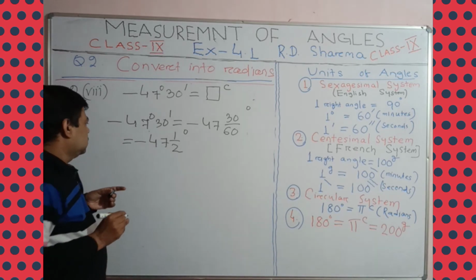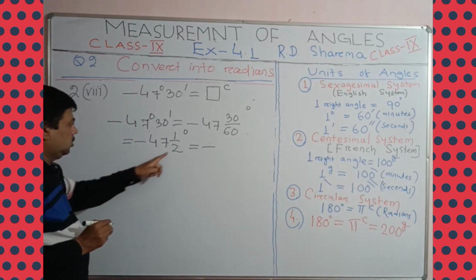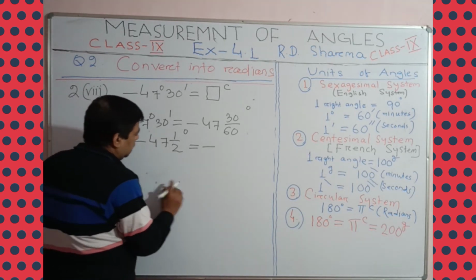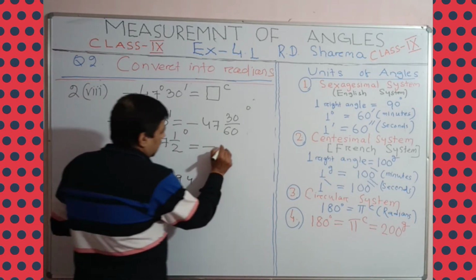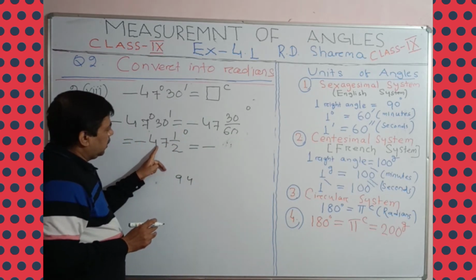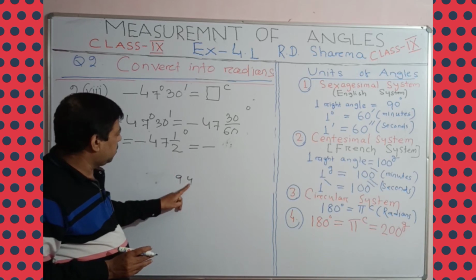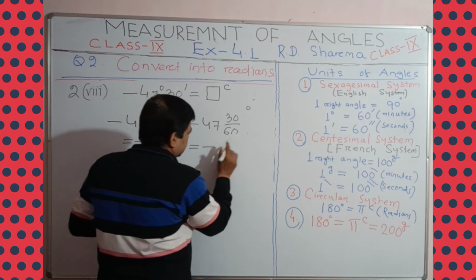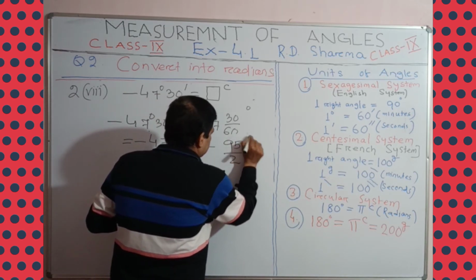So that is equal to minus 47 multiplied by 2, 2 sevens are 14, 4 carry 1, 2 fours are 8 plus 1 is 9, so 94 plus 1, 95 upon 2 degree.